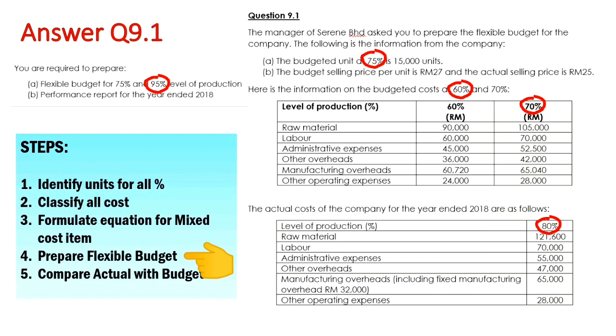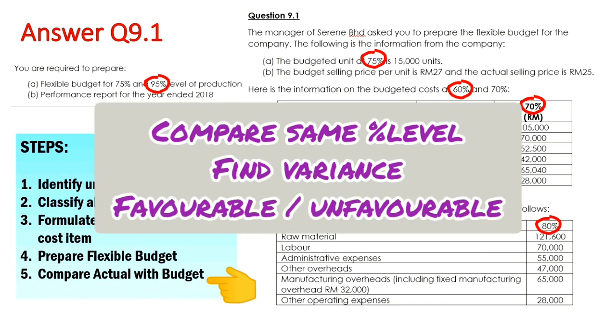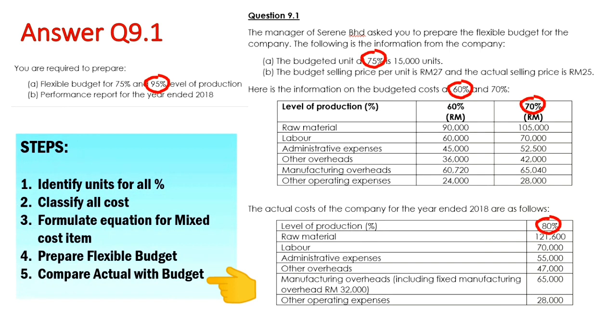Number 4, prepare flexible budget. The question requires us to prepare a flexible budget for 75% and 95% level of production. And the last one is to compare actual with budget. Not only comparing, we have to identify how much the variance is and evaluate whether it is favorable or unfavorable. So I'll show you step by step from step number 1.